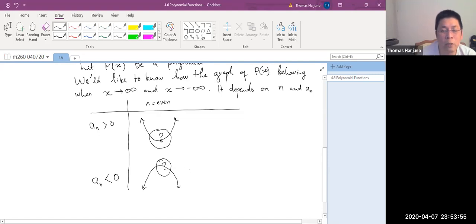Okay, you can imagine what happens if I have y equals negative x squared. Now, the same thing actually applies when I have y equals, let's say, negative 4x to the 6 plus whatever minus whatever.